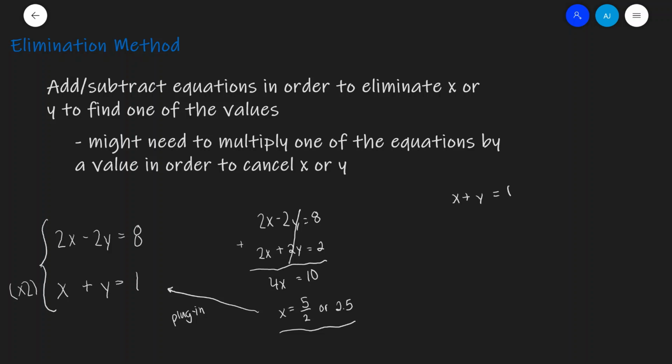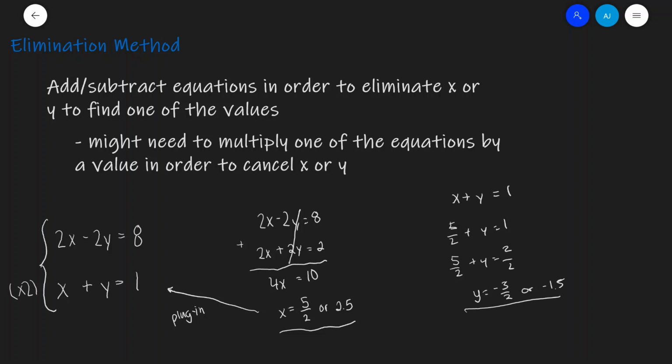By substituting 5 halves for x, I'll get 5 halves plus y equals 1. And really, 1 is just 2 halves, right? So I can replace that and subtract 5 halves from the left side onto the right, which gives me y equals negative 3 halves, or negative 1.5.